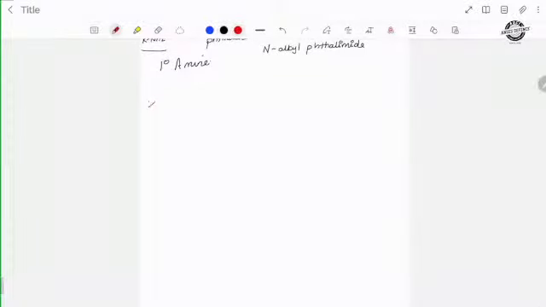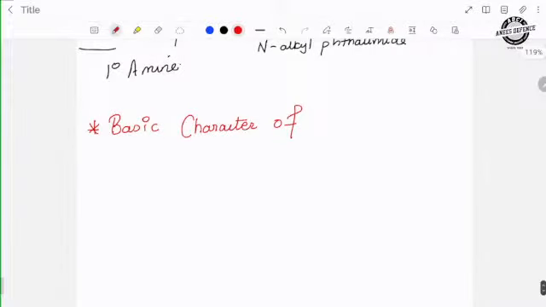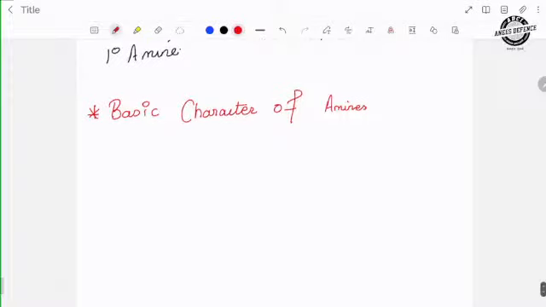This is very important. Basic character of amines.